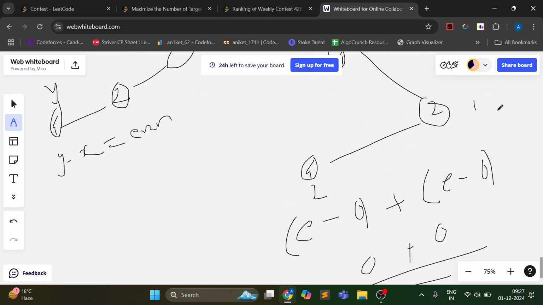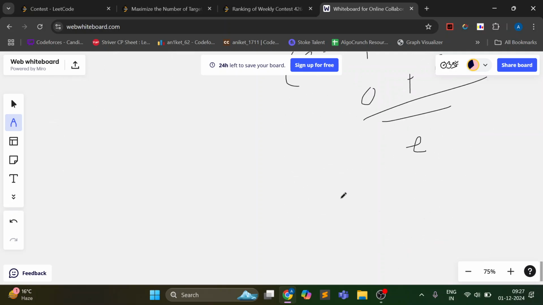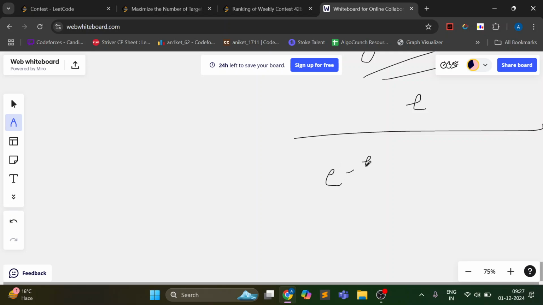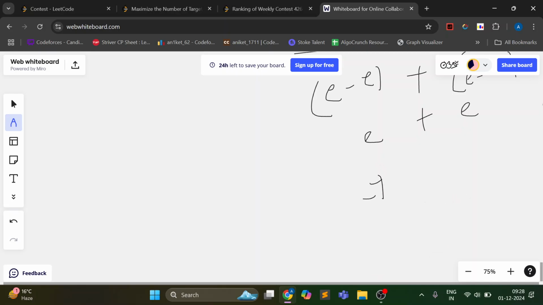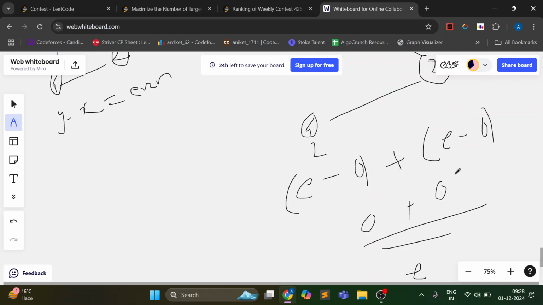Now let's say the connection point is at an even level. In that case, the first number of edges would be even minus even, and the second number of edges would also be even minus even. Even minus even is always even, and the sum would always be even.